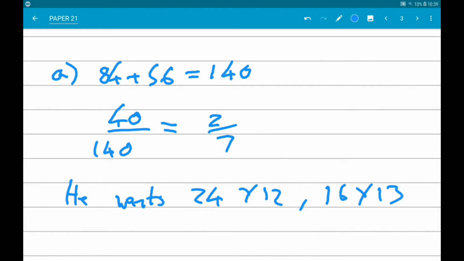Now, from there, assuming he wants a random sample, we would now say assign each student in each year group a number, set up a random number generator, generate numbers until he has all the students he needs.